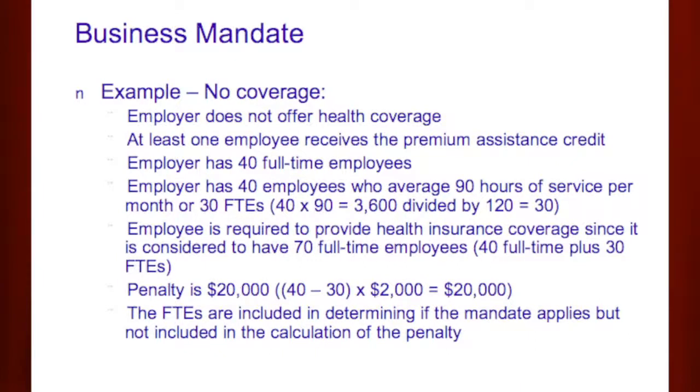And so an employer that's only concerned about the dollar and cent cost of health insurance coverage will look at that $20,000 cost and say, how does that compare to the cost of providing health insurance to those 40 employees? And I promise you, the 20 grand will be less.